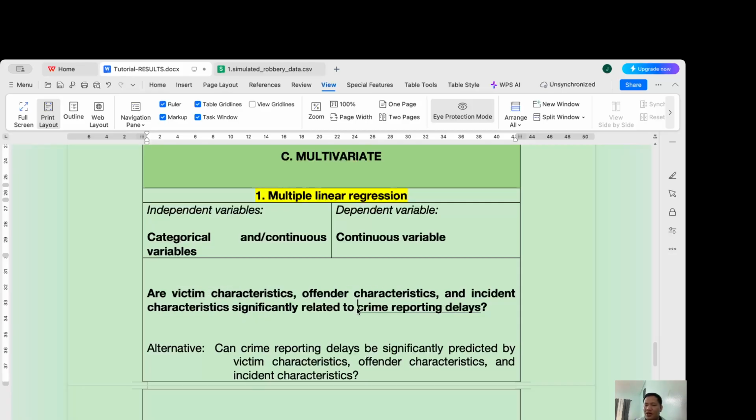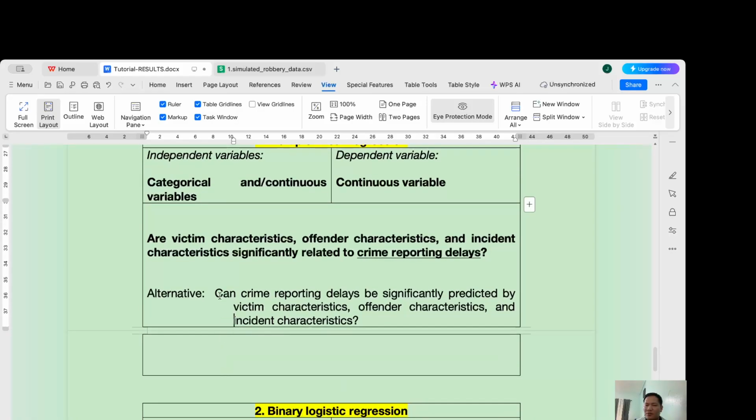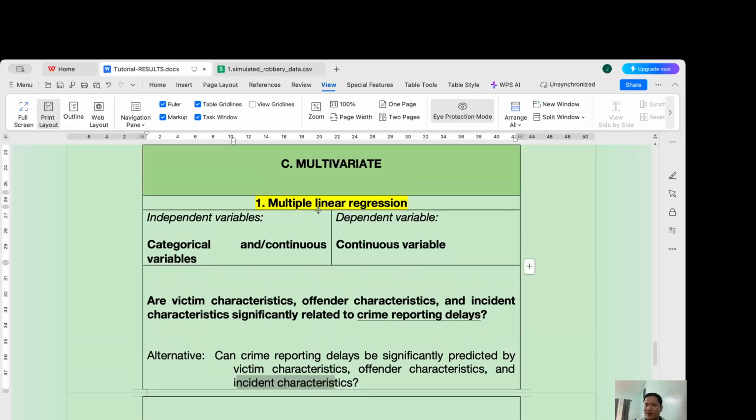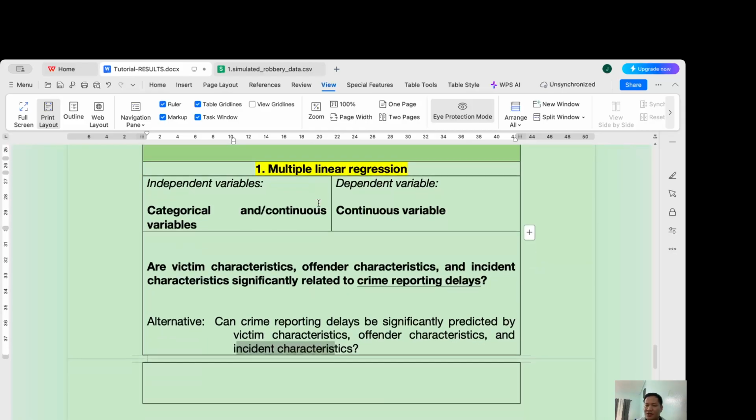In other words, crime reporting delays may be caused by these factors. The alternative version of this research question can be read as follows: can crime reporting delays, the dependent variable here, be significantly predicted by victim characteristics, offender characteristics, and incident characteristics? So it can be answered through multiple linear regression.